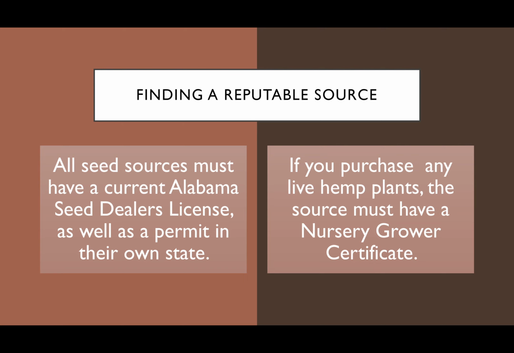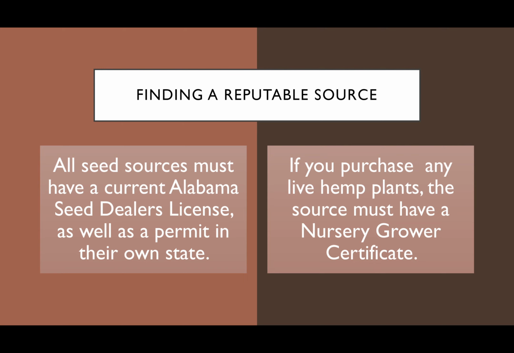Finding a reputable source. Before you submit your acquisition, we highly recommend that you do your research on the source that you purchase your material from. If you're getting live plants, they should have an Alabama nursery grower certificate.